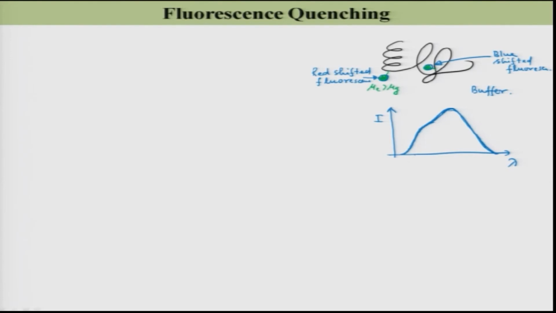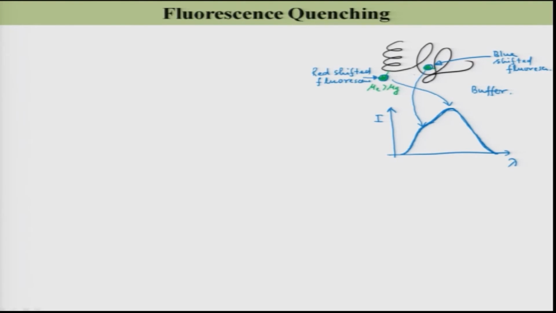So, in this case, this part of the fluorescence is given by this fluorophore, and this part of the fluorescence, because this is a red shift, longer wavelength, lower energy, is given by this fluorophore. As I said, one of them is more accessible compared to the other.